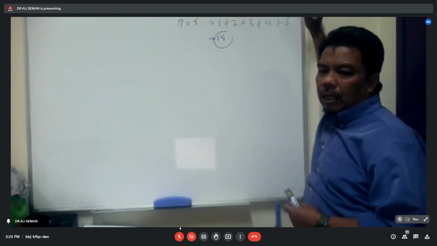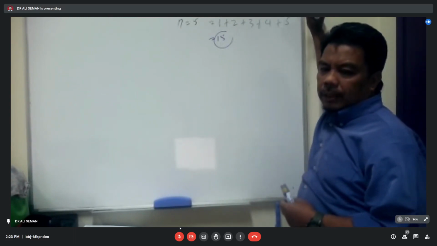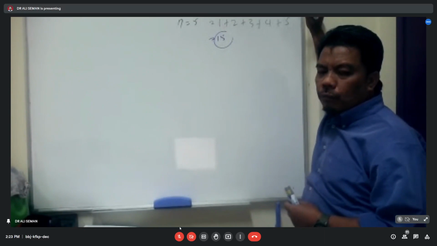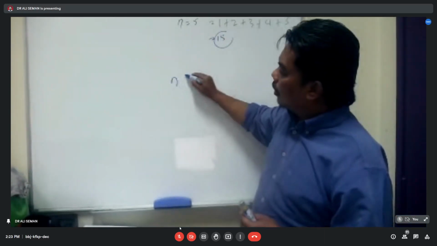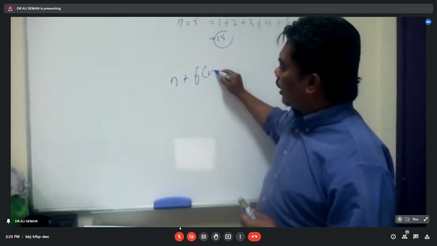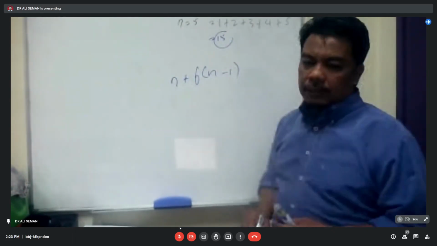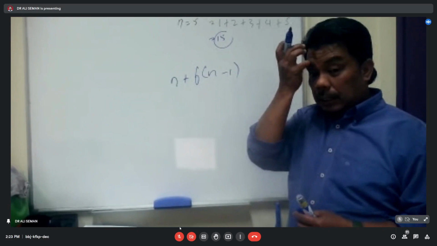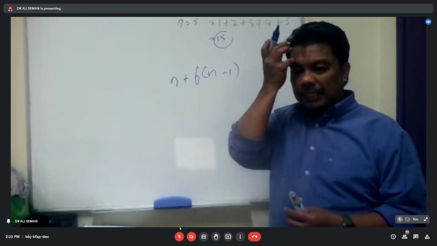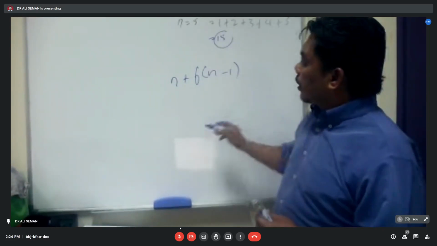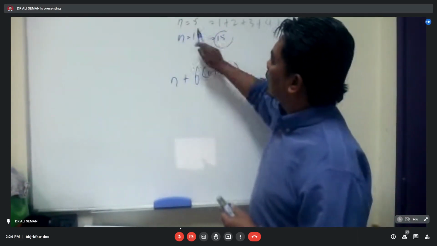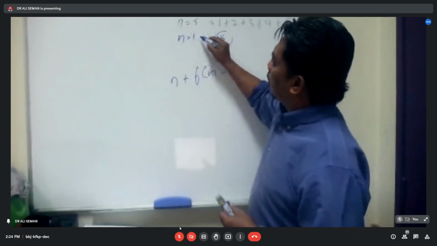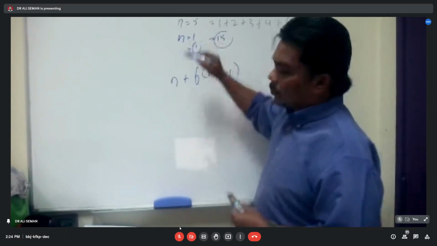basically, we have the formula here: n plus function n minus 1. In the recursive perspective, if sum of n, if n equal to 1, when we try to sum 1, it is equal to 1, correct?